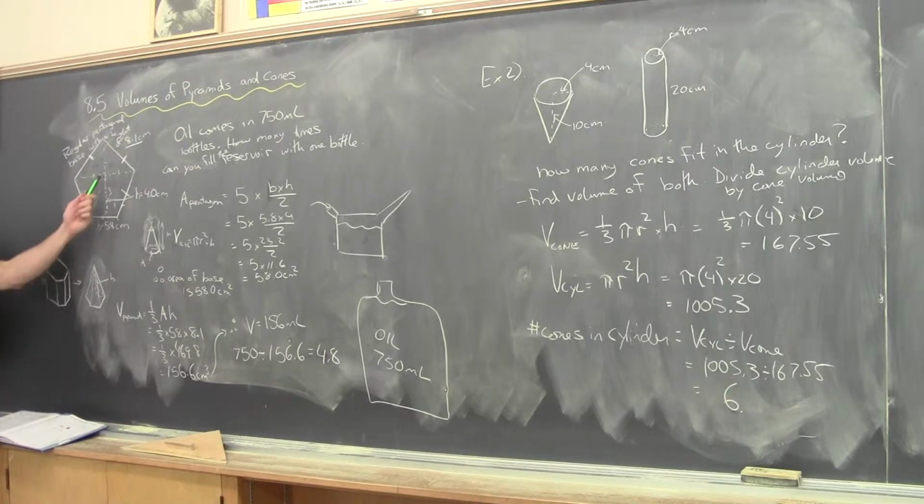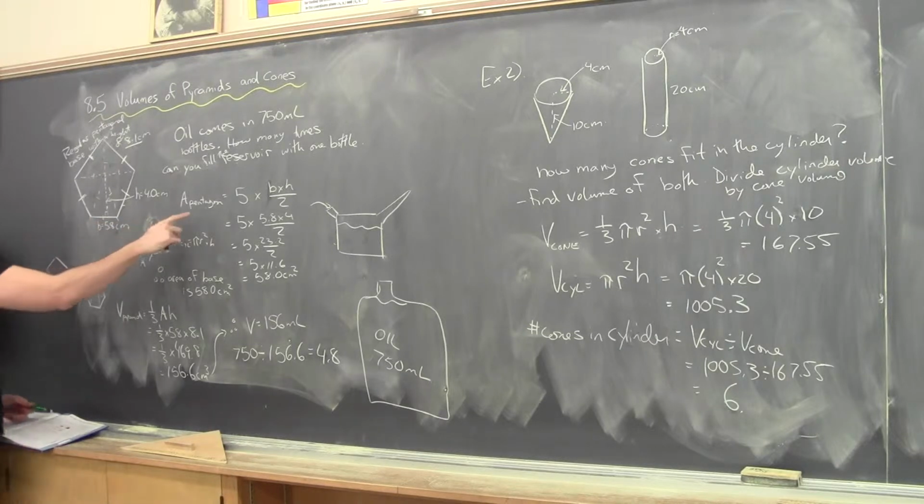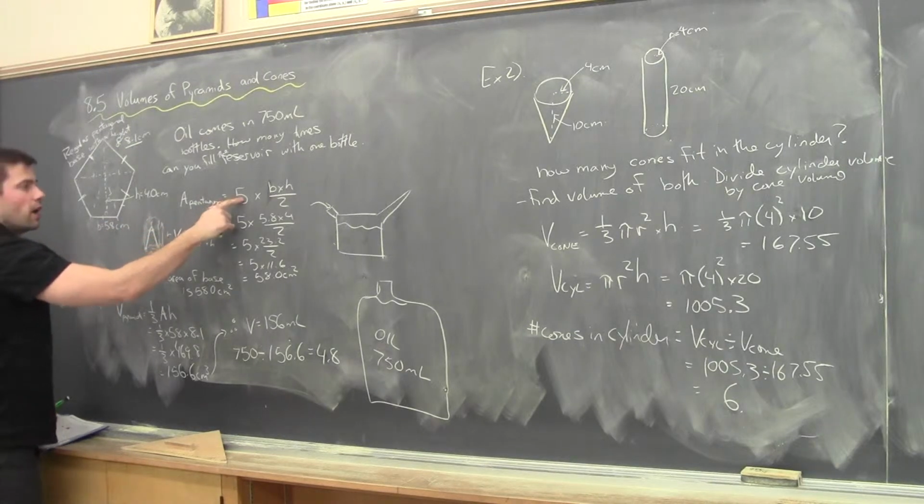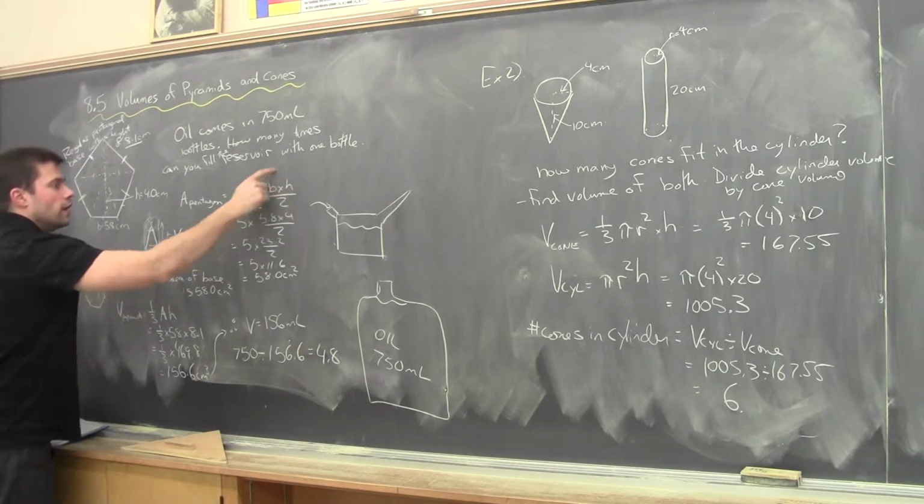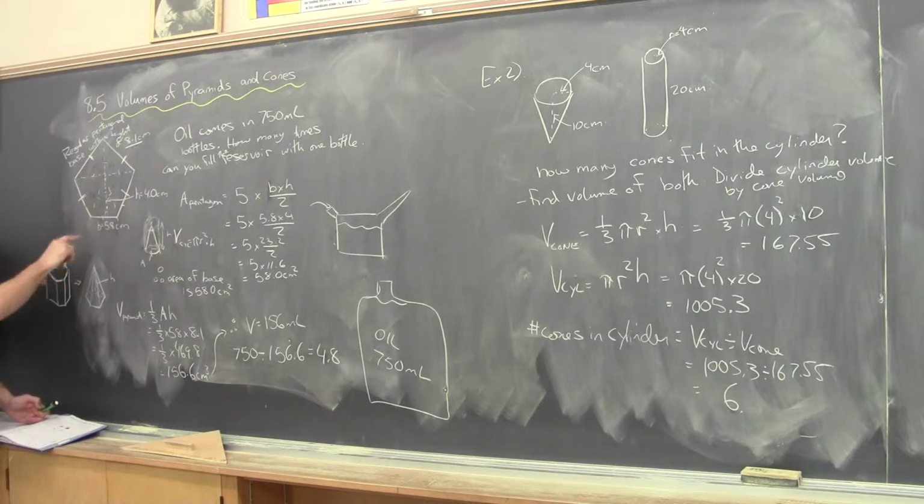If we can figure out the area of one triangle, we can figure out the area of the base by multiplying it by 5. These dimensions are given: a height of 4 and a base of 5.8. So we can figure out the area of the pentagon by taking 5 and multiplying it by the area of one of these triangles. Any questions there?